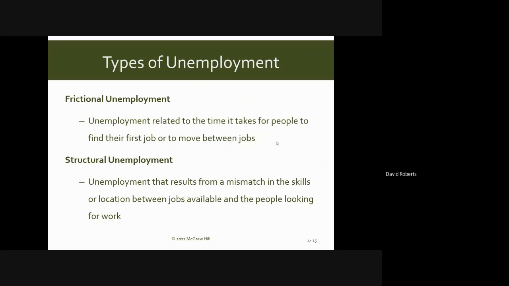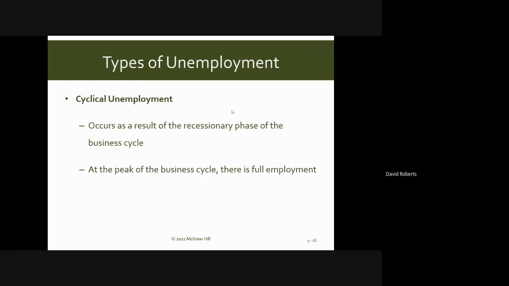You get the idea, or a mismatch of the skills. So that would be location or skills. And really students fit this category. Even though you may not be unemployed by the definition, you don't have the skills. And that's why you're coming to school.